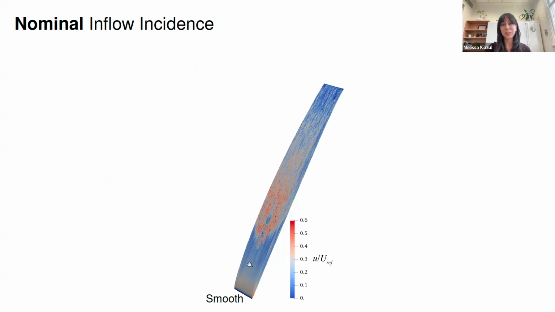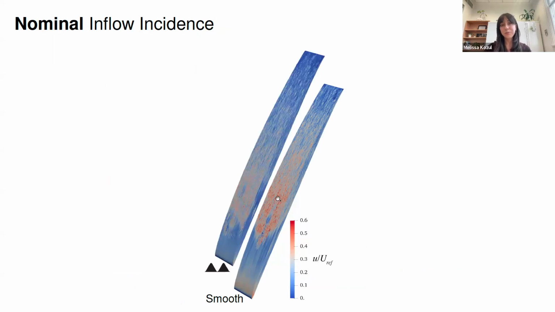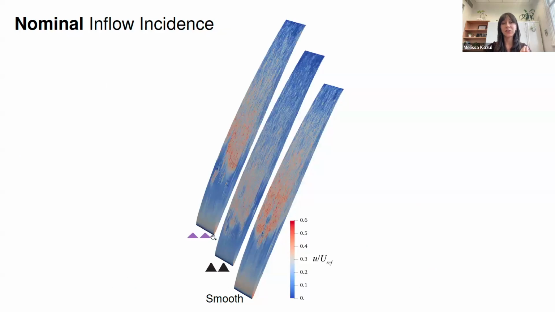This is what the velocity contours look like over the top of the blade. For the smooth case, we have a smooth flow coming in, so it's a laminar flow. And then at some point here, it transitions to a turbulent flow. When I put the riblets on, they're so small we can't see them here on the surface, but they're causing an earlier transition. And also for the shallower riblets, we're seeing a different flow again.